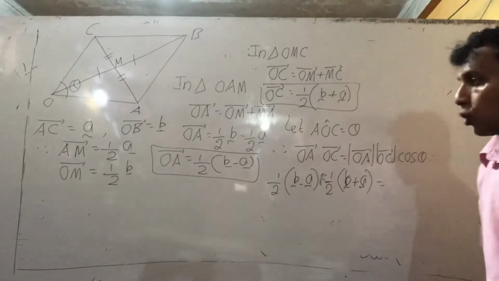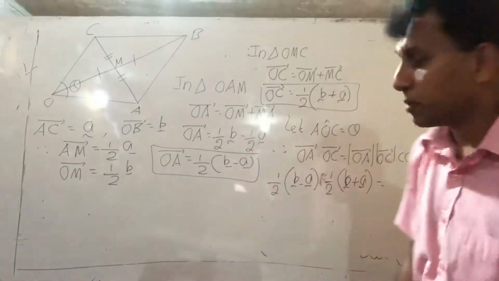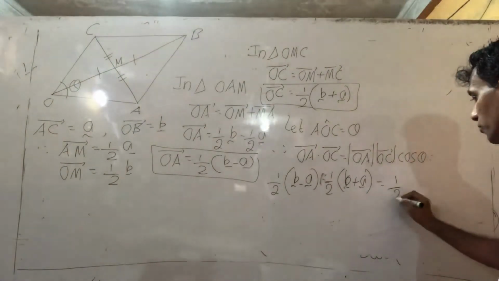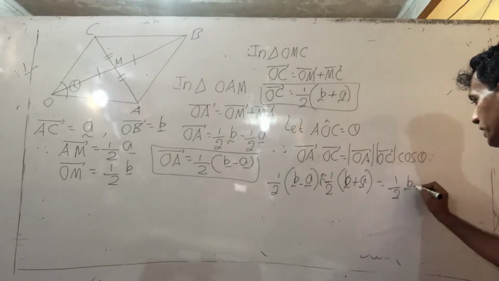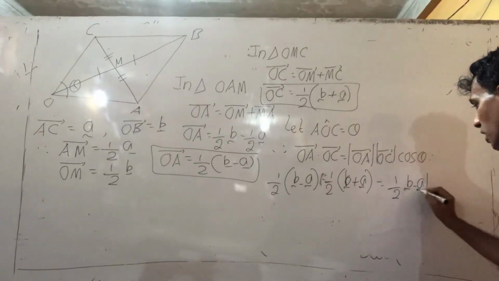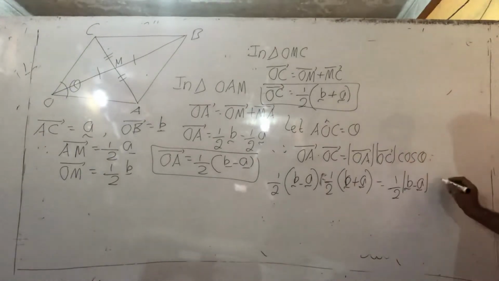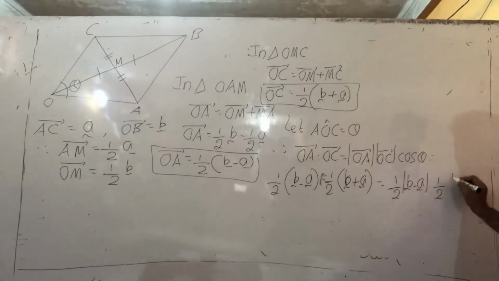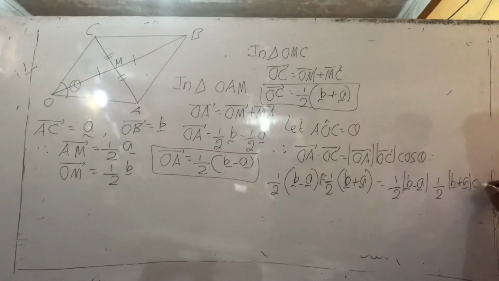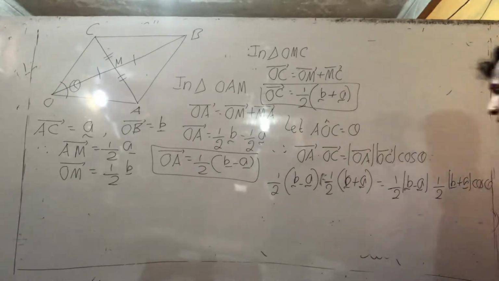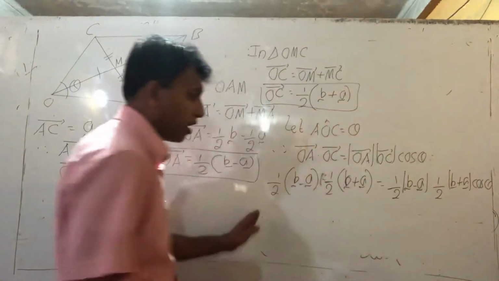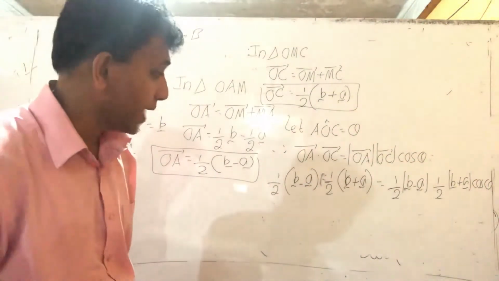And what is OA modulus, right? The mod symbol, and write it half. So for a number, no matter the modulus, I take the half out. Okay, and the other one is half B plus A modulus into cos theta. See, both sides have half, quarter, 1/4 cancel.